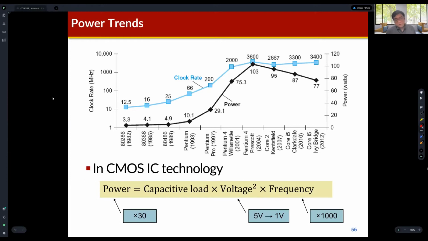Let's think about the power trend of the computer processor. In this graph, the y-axis shows the clock rate, that means the clock frequency of a computer processor, and the black line represents the power consumption by the CPU.